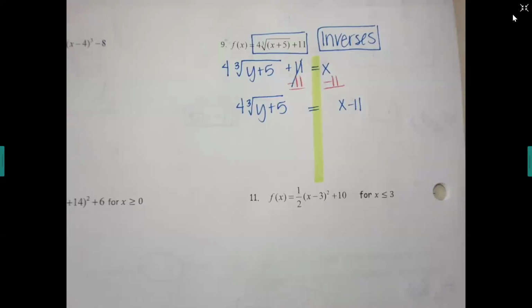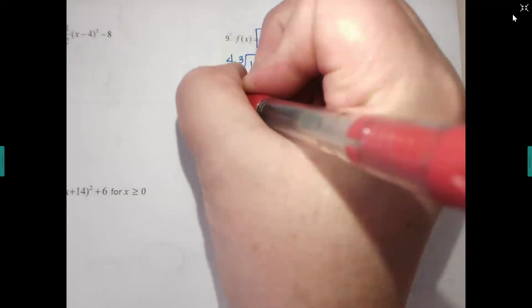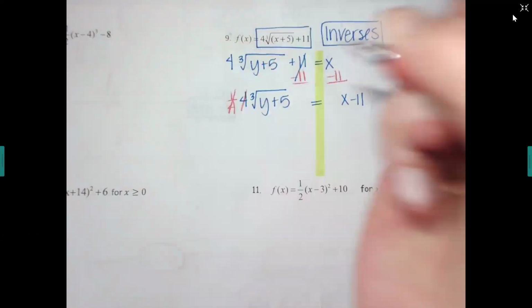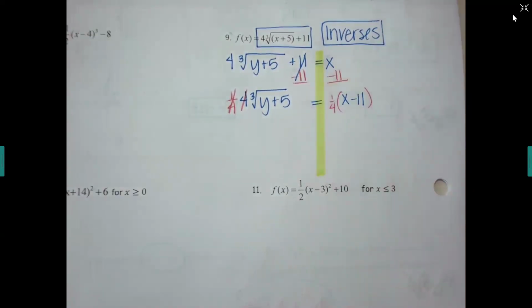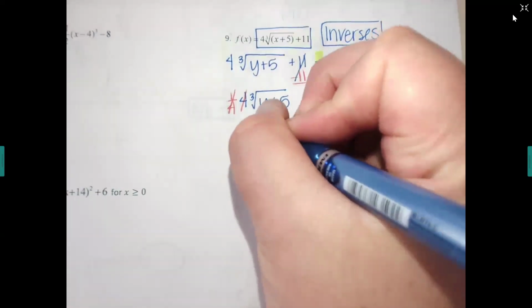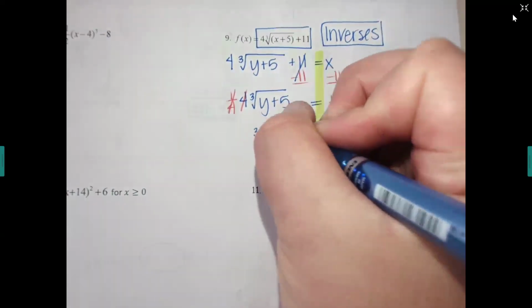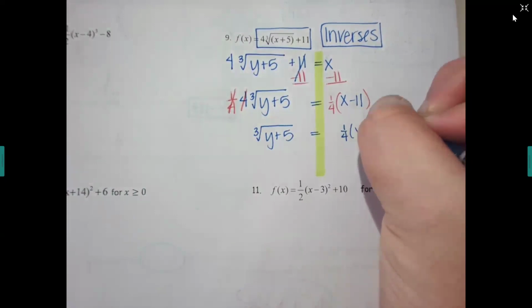To divide by 4, I'm going to put a 1/4 in front on both sides. If you want to make it a fraction, you can; I just think that looks worse. Remember, a divide by 4 and a 1/4 are the same thing. So now we have this cubic root y plus 5 equals 1/4 x minus 11.